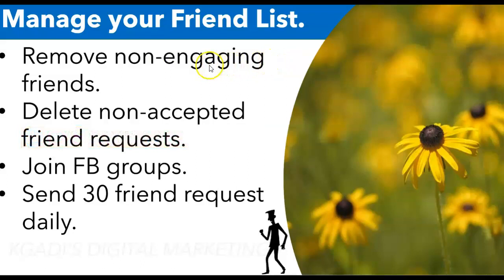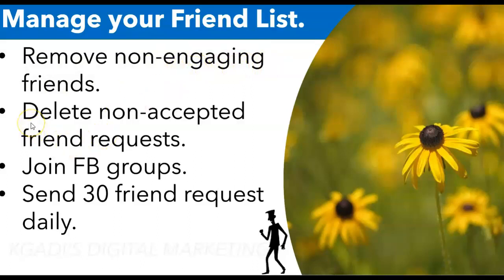That is engaging, right? And the ones that are not doing anything, you just send a post, but they are part of your friend list, but they do nothing. They are so non-active. So those people you need to remove because they're not engaging, so they're not participating in your post. You need to remove them from your friend list.